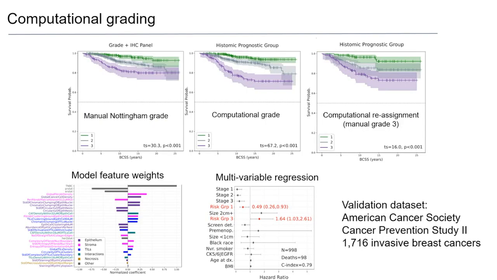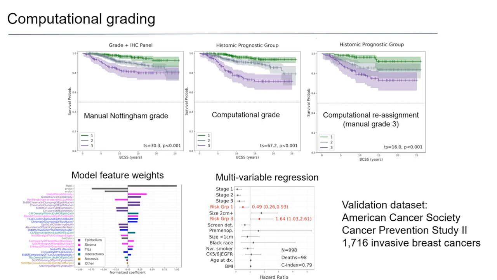So we came up with a computational grading scheme, and we compared this to the manual Nottingham grading. This was done in a data set from the American Cancer Society. It's a big cohort study they have of 1,700 breast cancers. We see that when we build models using grade and IHC scoring, and compare with Nottingham grade and computational grade, we get a much better separation using these computational measurements.